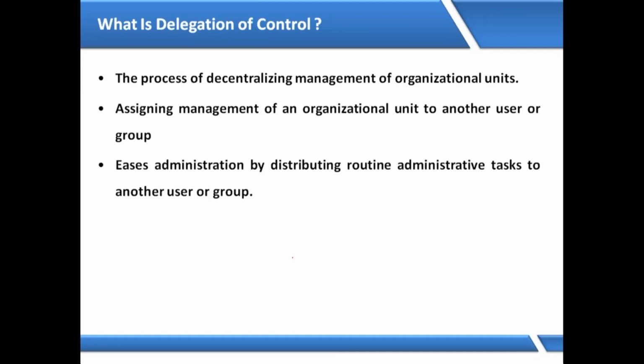That is called delegation control, which reduces the workload of the administrator. So by using delegation control, the administrator can give some routine and simple tasks to other users so as to reduce the workload on the administrator. This concept is called decentralization, or in simple words, delegation control.